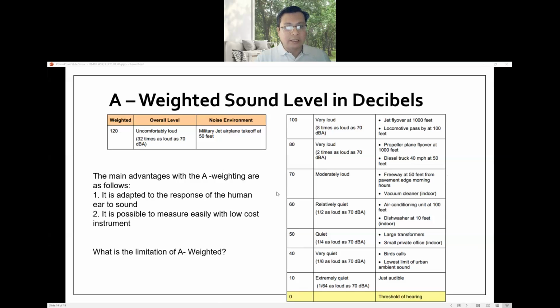Maybe 60 is still considered quiet, but it is still uncomfortable for some people. They have problems with this 60. For example, autistic people may not be able to accept 60 decibels.